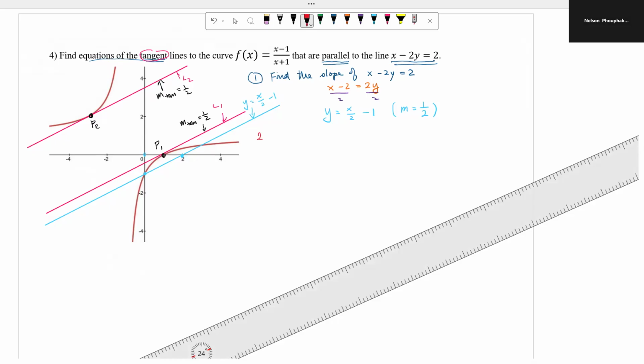And now my second step, the second goal, is I would like to find the 2 points, P sub 1 and P sub 2.